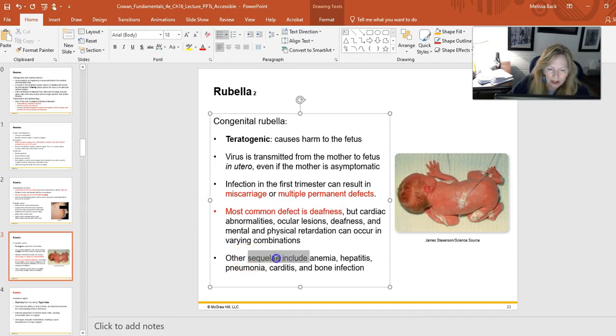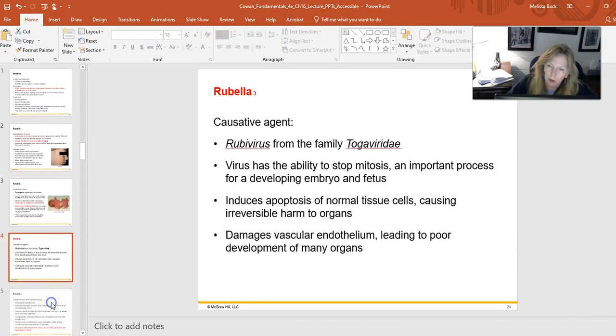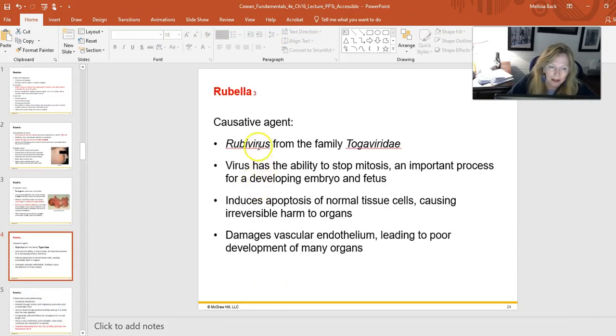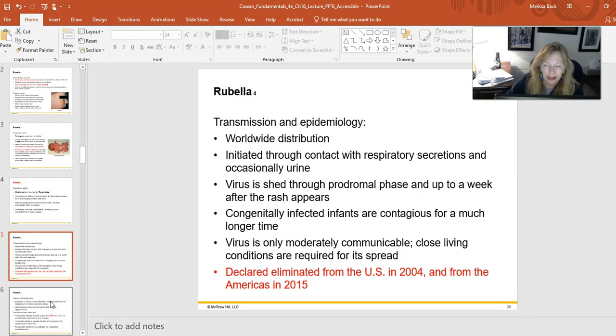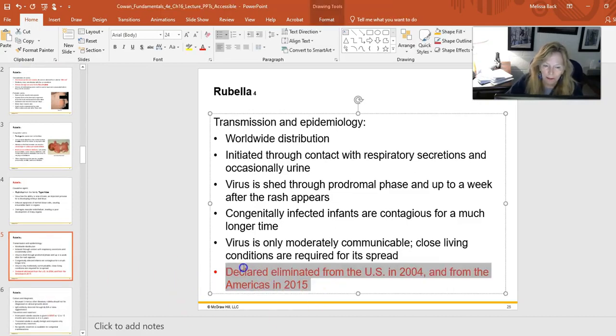Some other sequelae, some other things that can happen, are anemia, low red blood cell counts, inflammation of the liver, which is hepatitis, pneumonia, inflammation of the heart, and even bone infection, so osteitis. So the virus is the rubella virus, and again, it's a viral illness that has pretty much been eradicated from most of the populations because of immunizations.